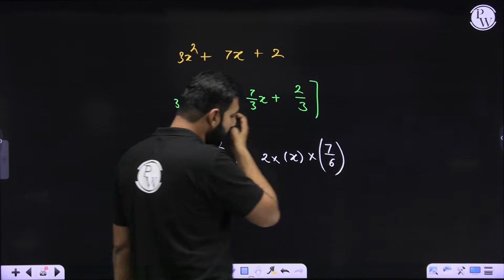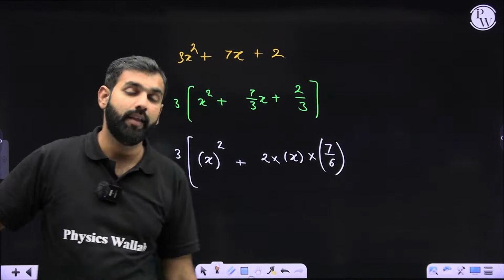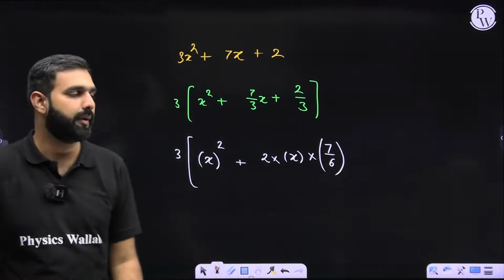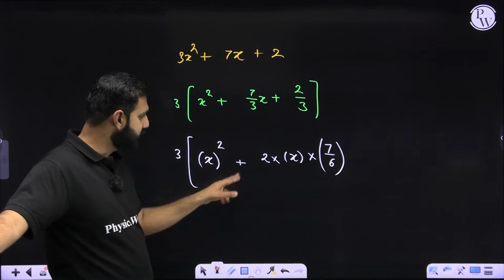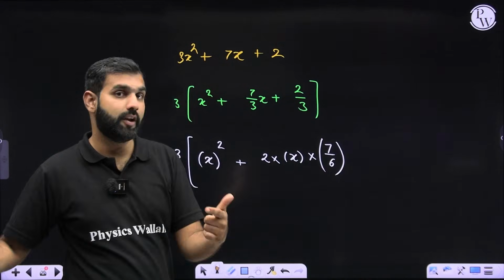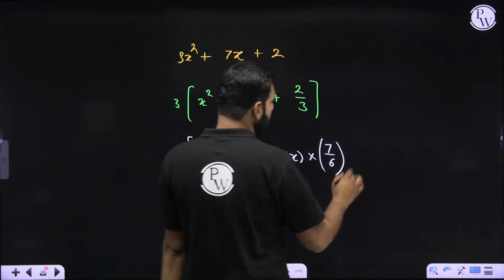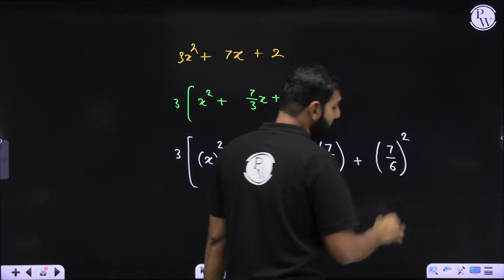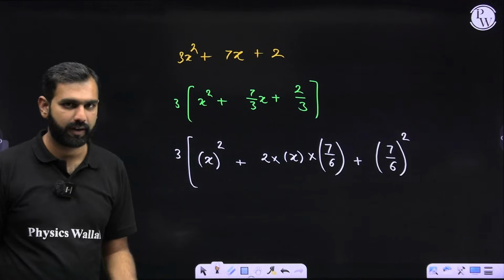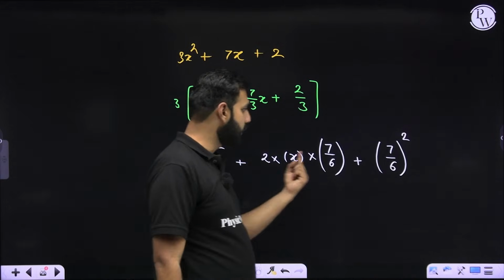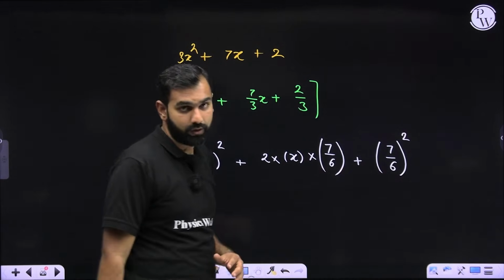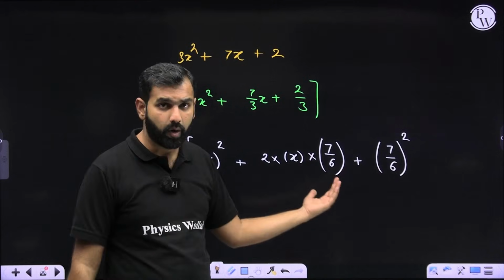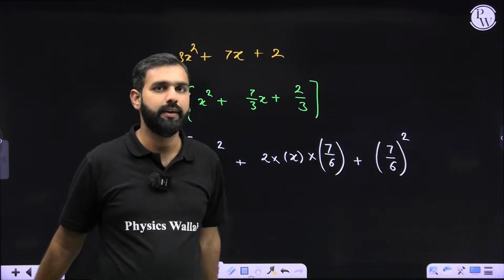And the moment you write a 7 by 6 here, you have gotten a clarity on b as well. A square plus 2ab, so what is the value of b? b is going to be 7 by 6. So if I have b, I should have a b square as well to convert it into a proper identity. So it becomes a square plus 2ab plus b square. But of course, this is not our property, which we can just randomly play with.